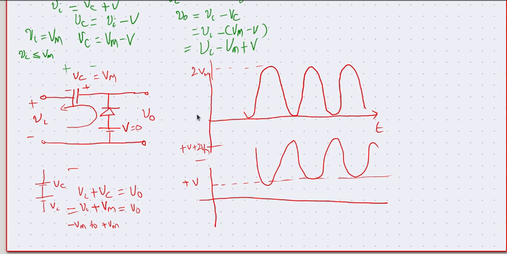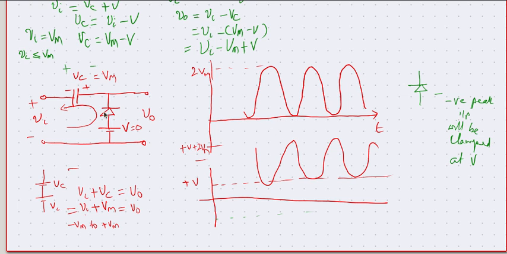So if it is plus V, you will have the negative peak clamped at V. So this orientation of the diode will say that the negative peak of the input will be clamped at V. So if V is positive, it gets clamped to plus V. If you reverse the battery, then it will be clamped at minus V. But whatever it is, the clamping is for the negative peak.